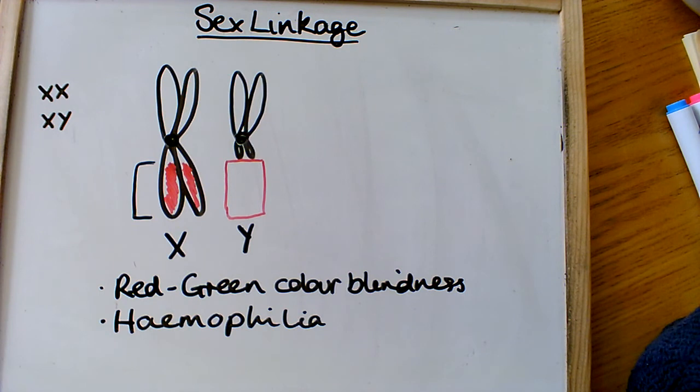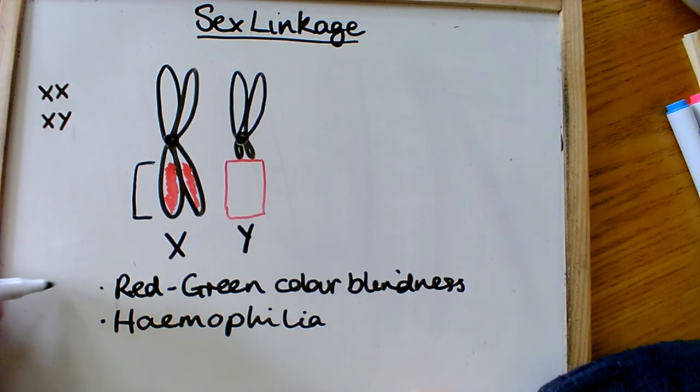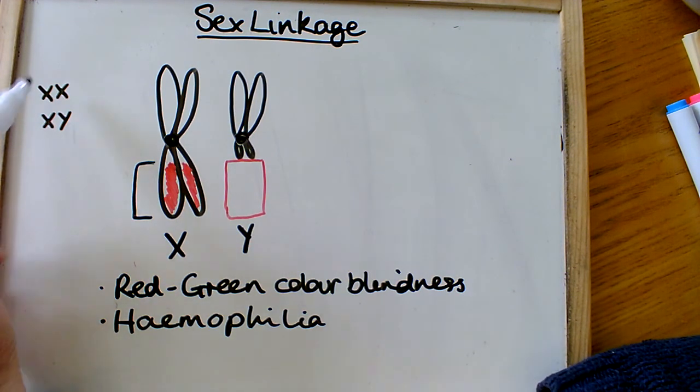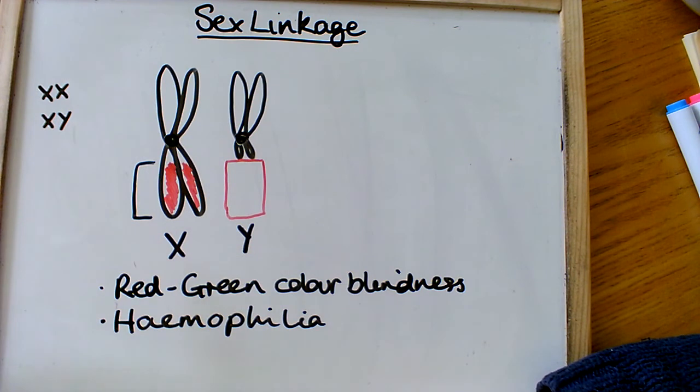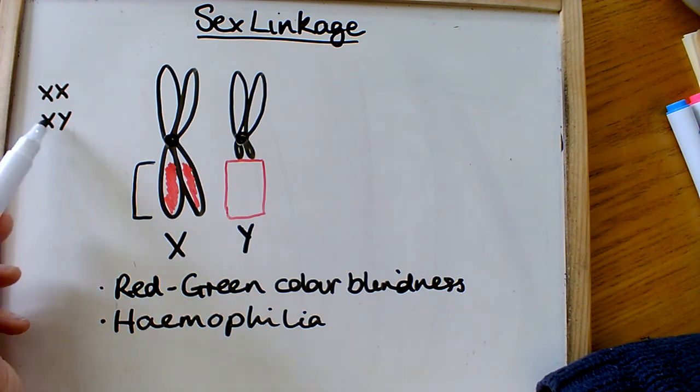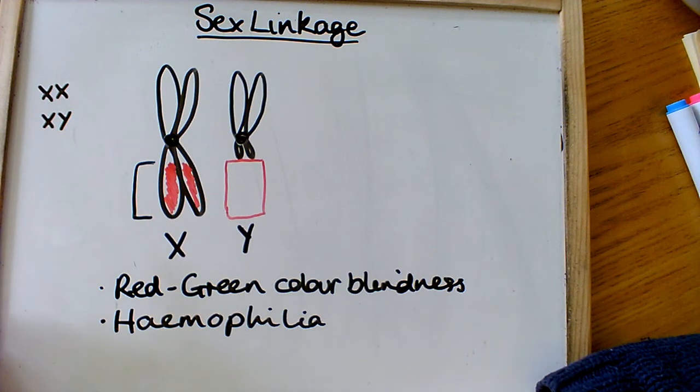So they will end up with a disorder with one recessive allele. Okay? So for a female, she could have a copy on her X and a copy on her other X. So it doesn't matter if one's recessive as long as the other one's dominant. Whereas if you're a male, you've got a copy on your X and you have no copy on the Y.